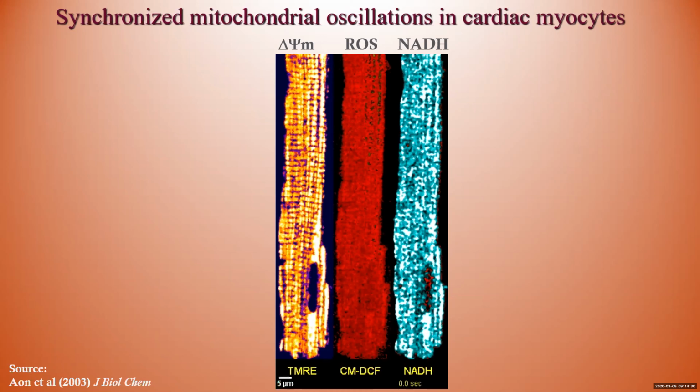Then we will have the ROS, the reactive oxygen species, which corresponds to reactive chemicals from oxygen chemistry. Many of them are free radicals, and the experiment occurs.